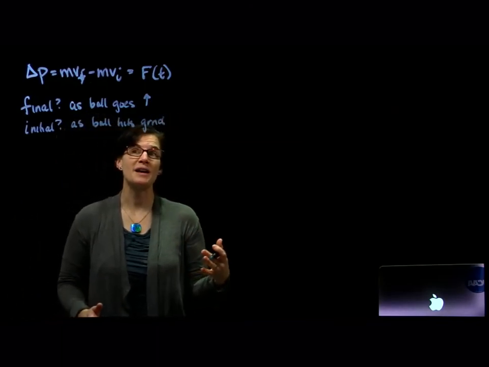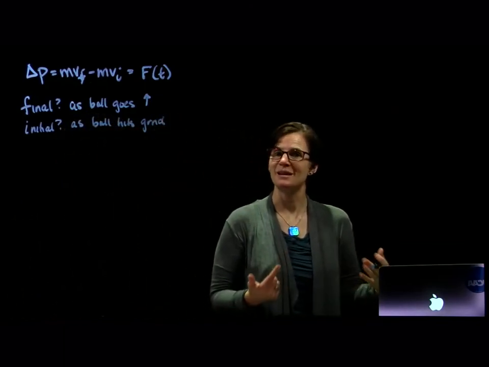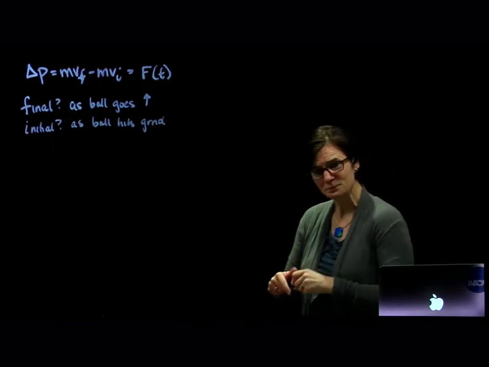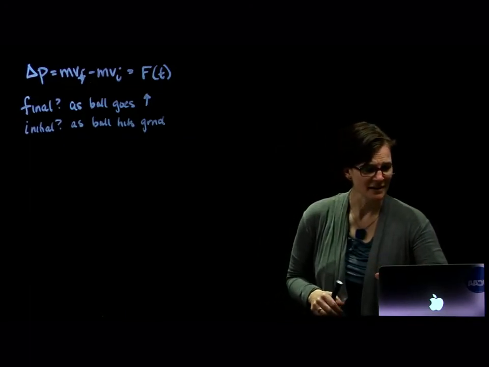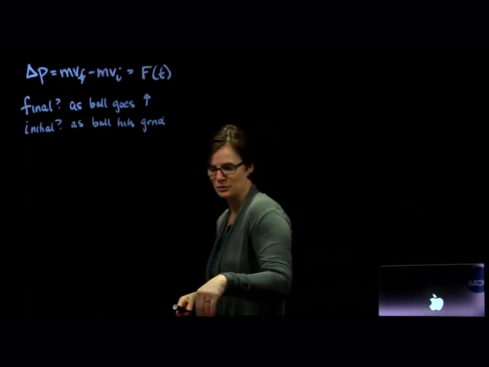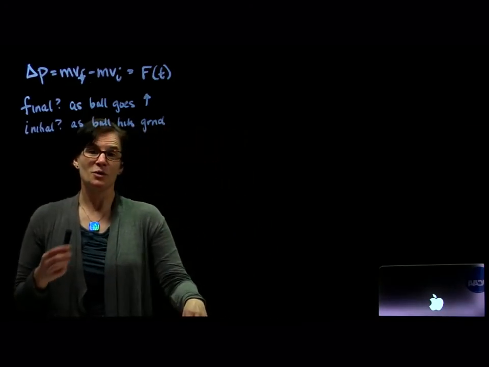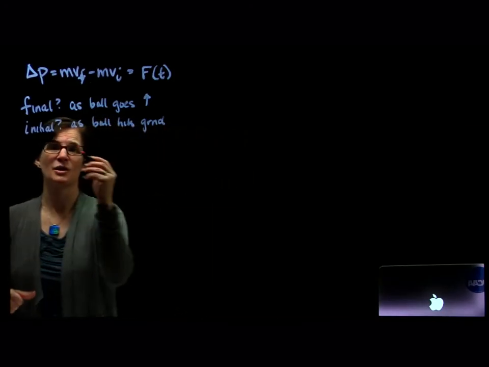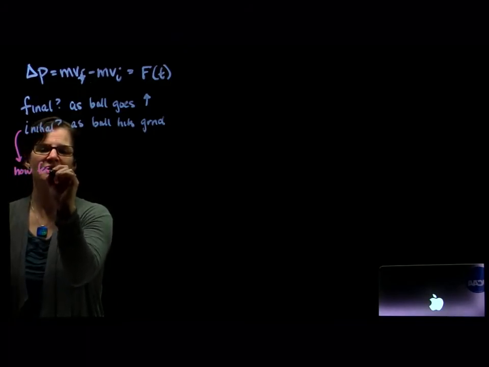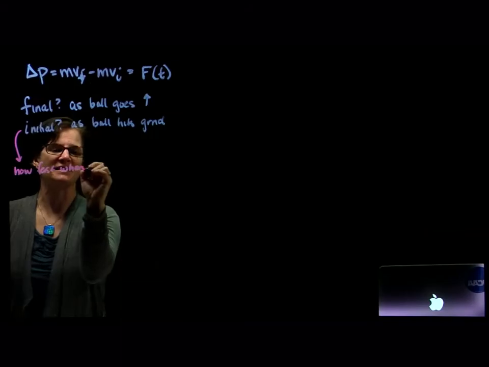So knowing those two ideas, I should be able to determine the impulse. All right, so how do I find these two ideas? Well, the problem tells us that it is dropped from a height of 1.25 meters. So the question is, how fast is it going for this initial? How fast when it hits the ground?